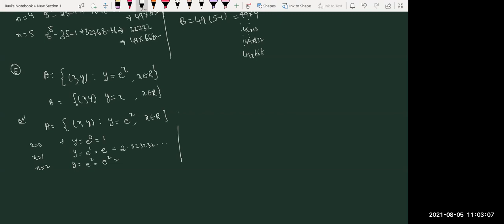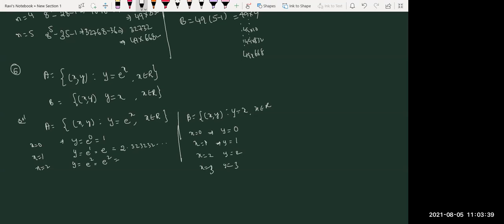The second one, talking about B now. I will discuss two methods. Whichever is the easier method, you can follow that method. Substitute x is 0. What's the value of y you will get? 0. X equals 1, y is 1. X equal to 2, y is 2.